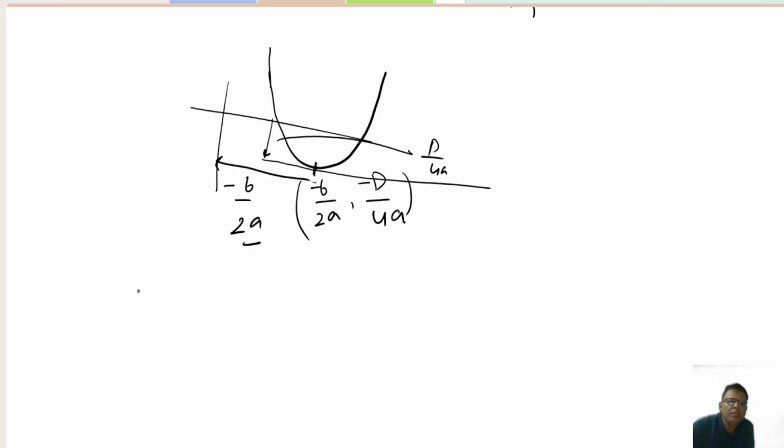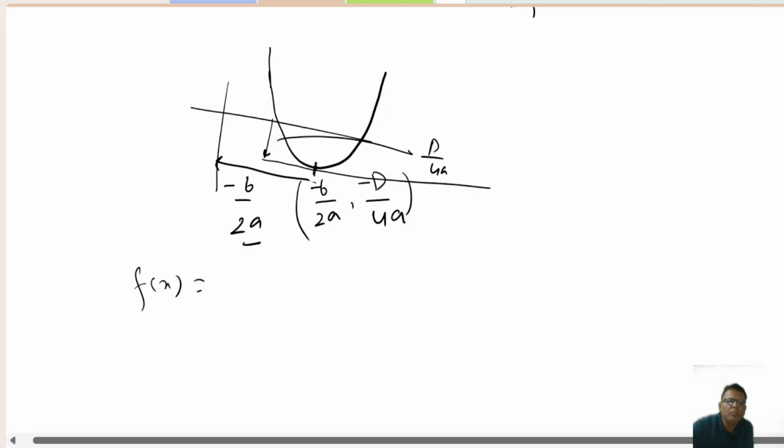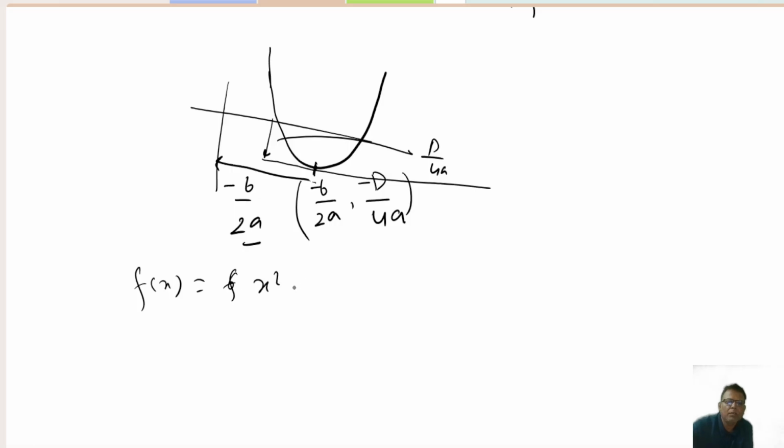Suppose we have the function f(x) = (x minus 2)(x minus 3), or x square minus 5x plus 6.